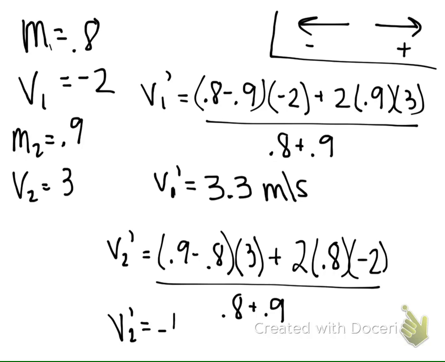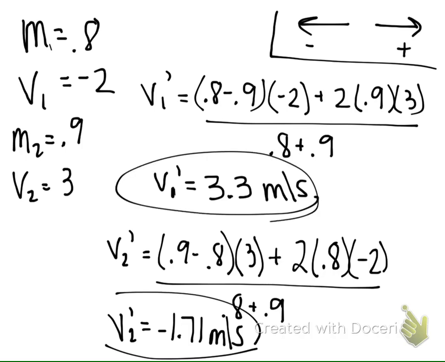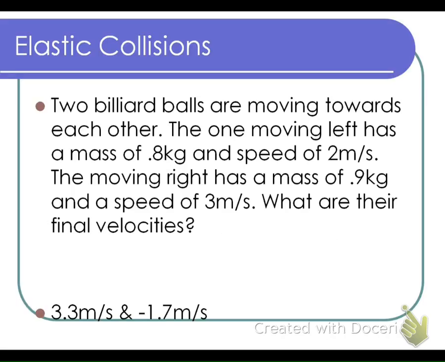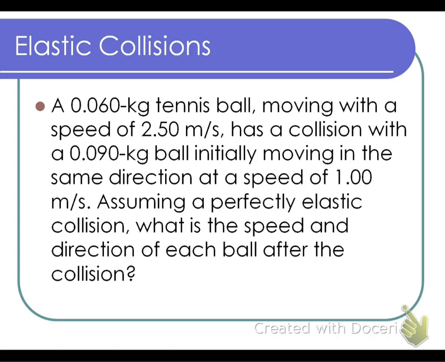Negative what? 1.71. There we go. Negative 1.71 meters per second. So that means it's going in which direction? Left. So this one would be going to the right. This one would be going to the left. Yep, those are our two answers. Go ahead and try this one on your own and we'll see if we match.